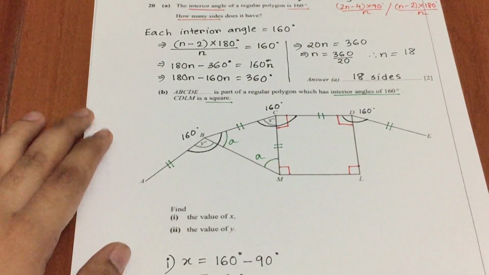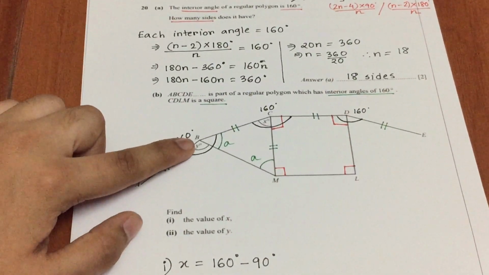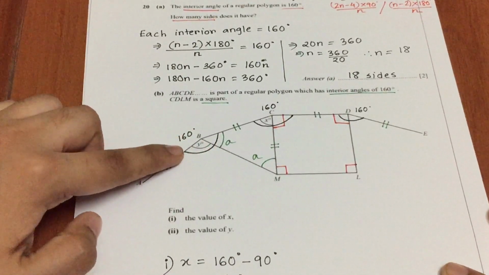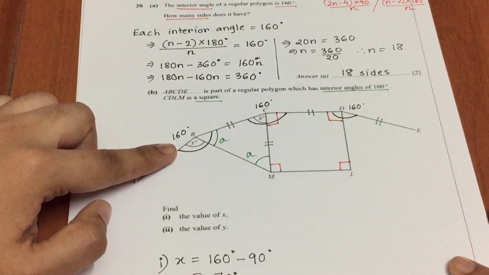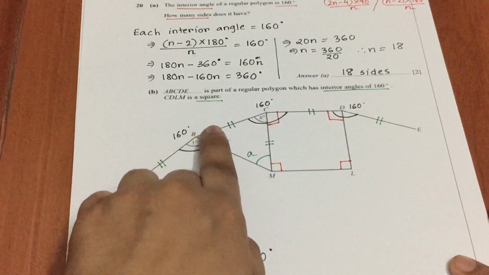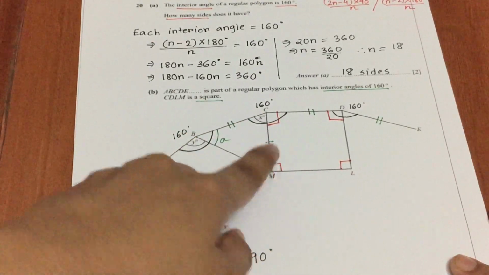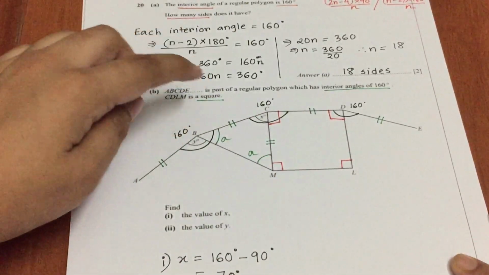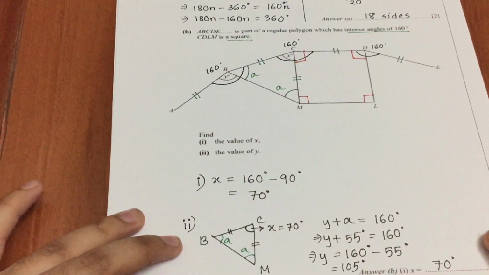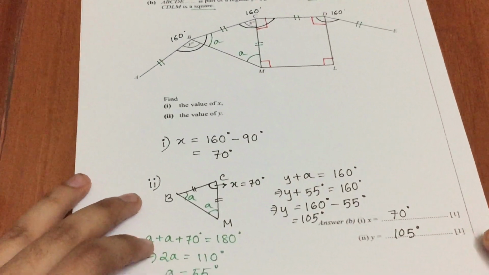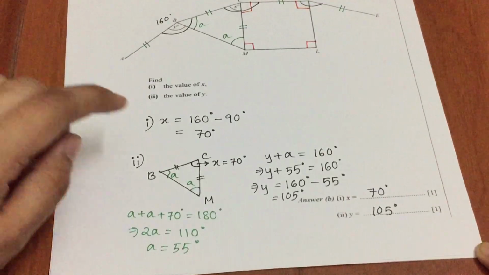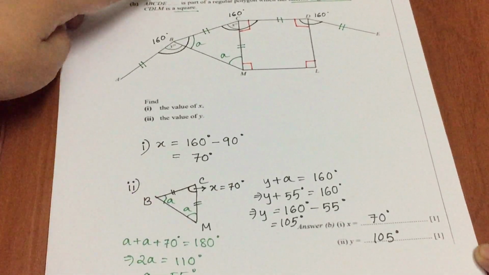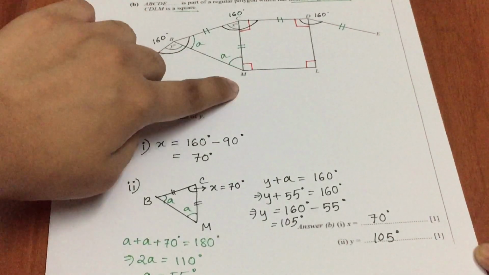Now comes how to find angle y. Angle y is here. So I know that this entire angle is 160 because of each interior angle. And now since this one and this one are equal, we can consider this to be an isosceles triangle. So I have drawn it here, as you can see. CBM.